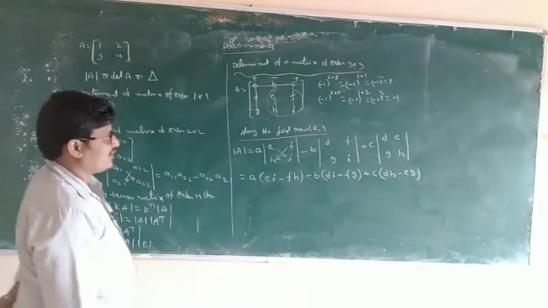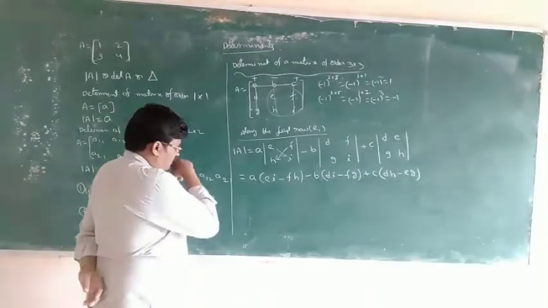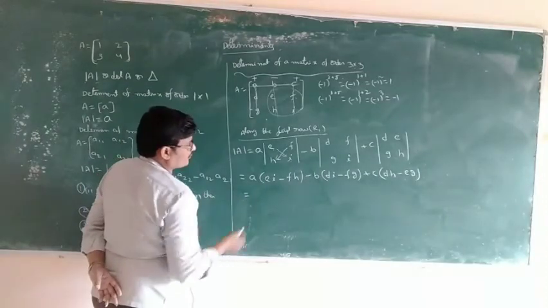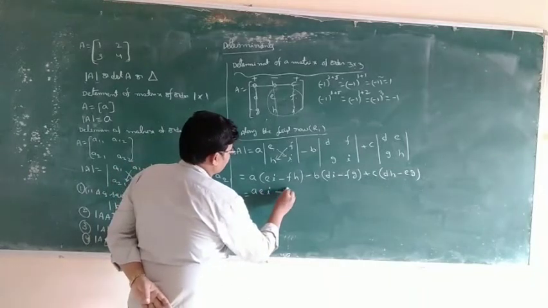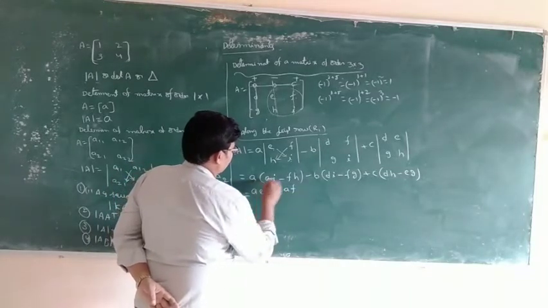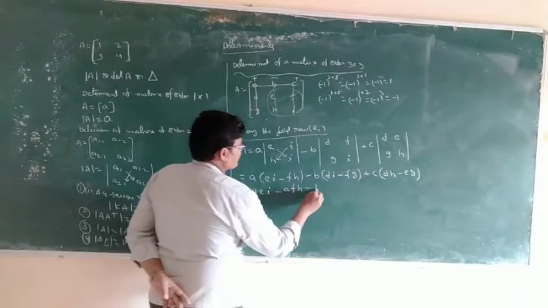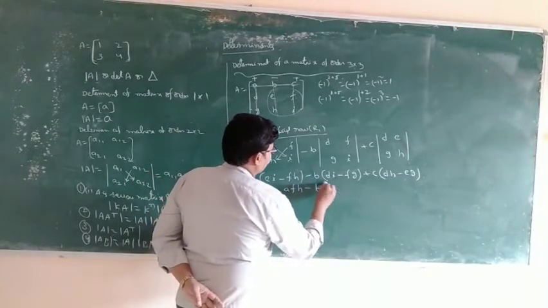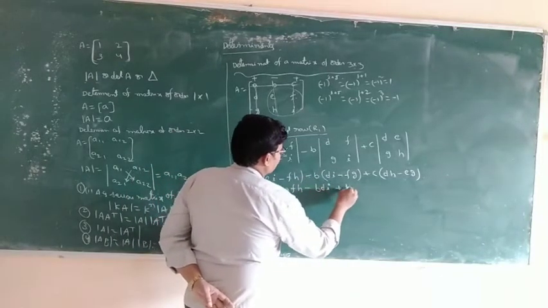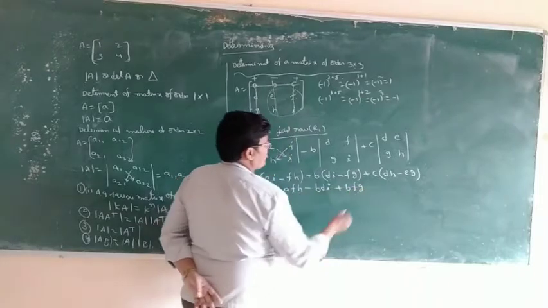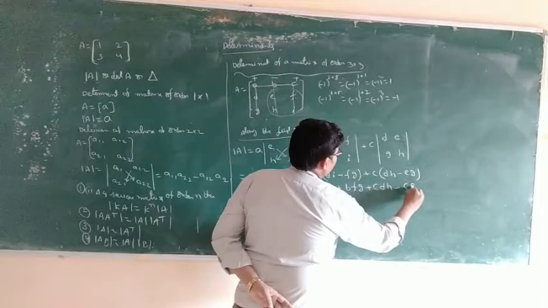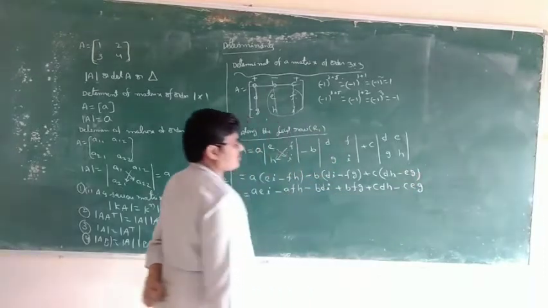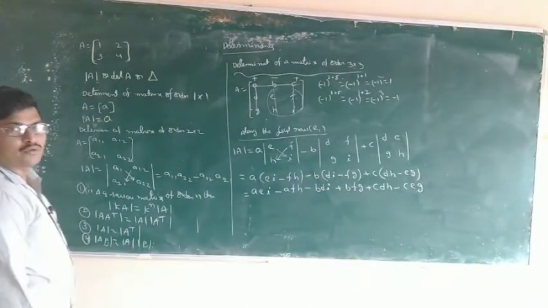That equals AEI minus AFH minus BDI plus BFG plus CDH minus CEG. This is the procedure along row 1.